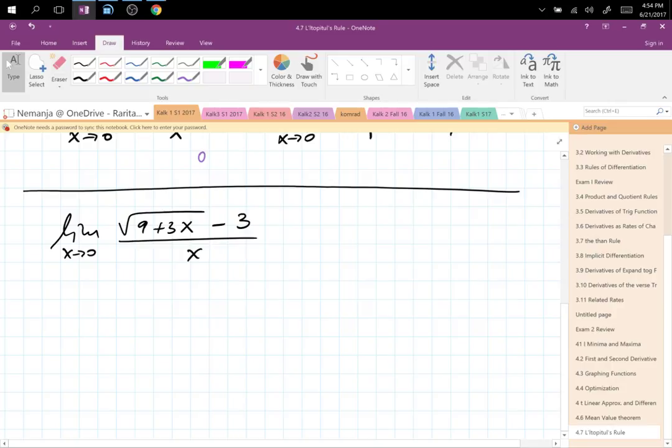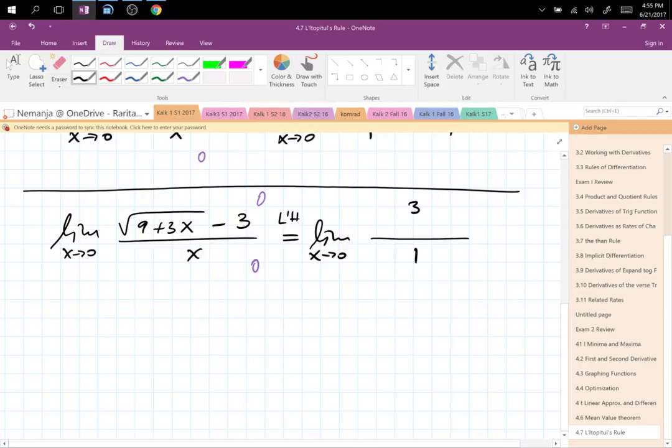So looking at this problem, you plug in 0, you get square root of 9, which is 3. 3 minus 3 is 0, so we get 0 over 0 again, which is actually good now because we are learning L'Hopital's rule. So L'Hopital's rule says that you are supposed to take derivatives of numerator and denominator independently to see what happens. So in the denominator, derivative of x is 1. And in the numerator, derivative of negative 3 is 0, so we don't have to worry about it. It's just the square root.